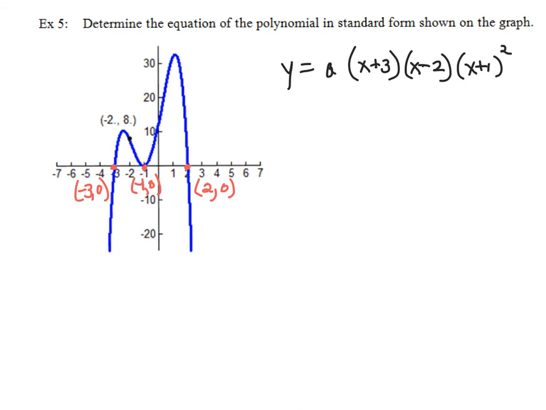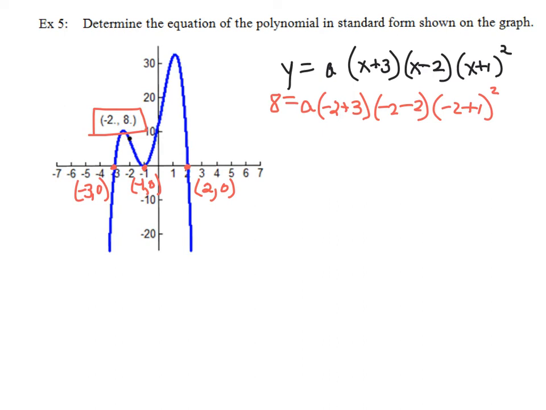Now, in addition to the roots, I was also given an ordered pair for a point on my polynomial. So let's go ahead and plug that point in and substitute 8 for y in order to solve for the a value. -2 is being substituted for x, so -2 plus 3, -2 minus 2, and -2 plus 1.